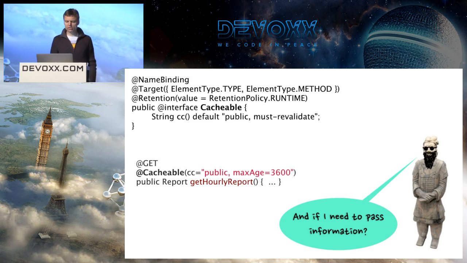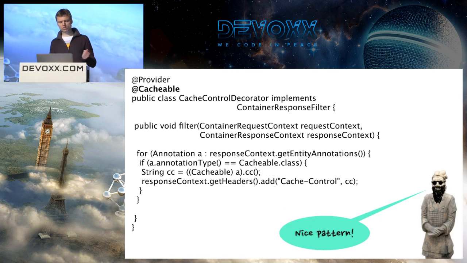So this is actually a very powerful concept because you can pass data from the annotations into the filter. Imagine you have a Cacheable annotation, and in that annotation you provide as a value the cache control header you want to be set. Then you annotate your resource method with Cacheable, and supply your cache control. And in the filter you also annotate with Cacheable.